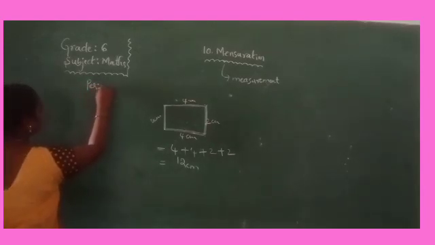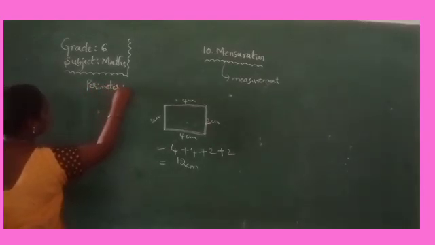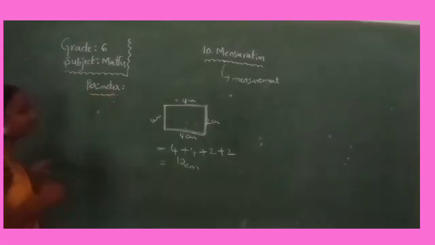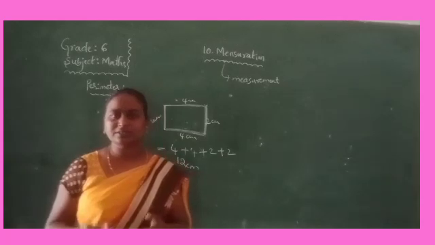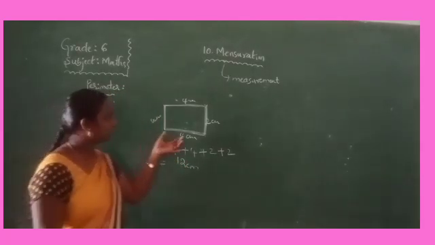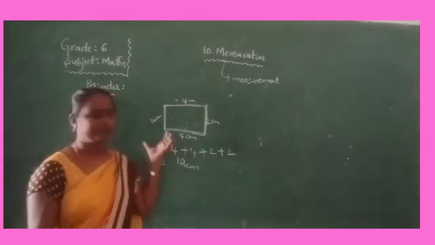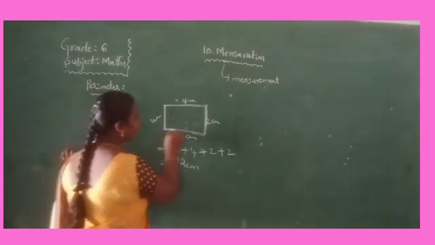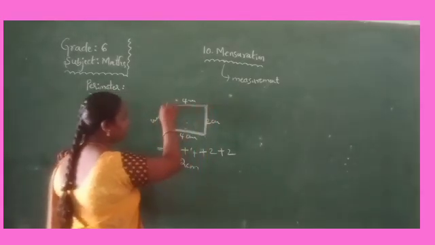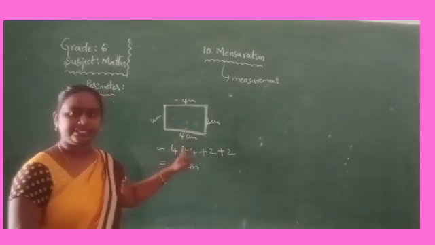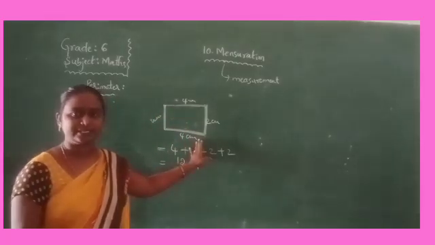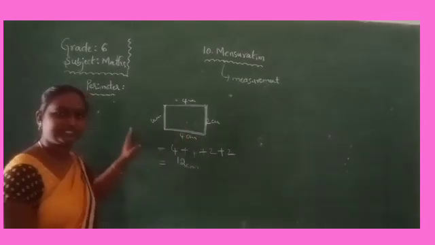Perimeter means the sum of the measures of all the sides of a closed plane figure. This rectangle is a plane figure. It is made up of line segments. It has 4 sides. The opposite sides are equal. All sides are not equal. Is it clear?